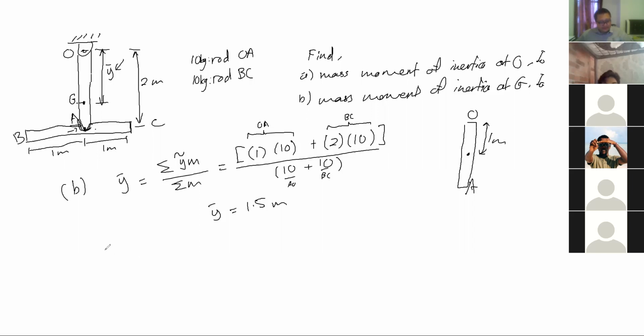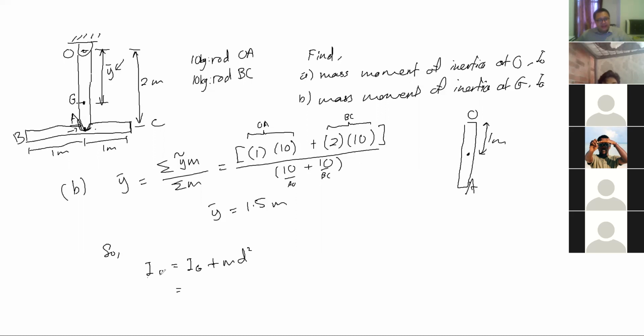Now you can go back to the definition for any body or shape like that: I equals I_G plus m d square.